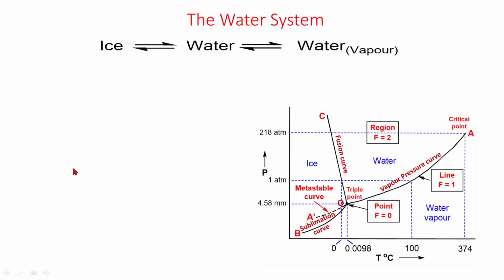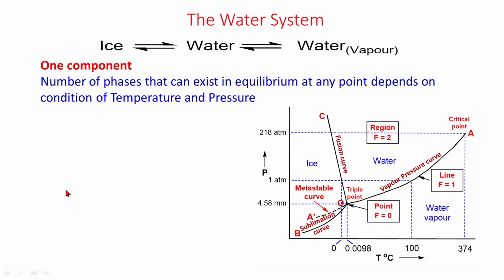The water system, ice in equilibrium with water, in equilibrium with water vapor. This is ice, this is water, and this is water vapor region. For one component, the number of phases that can exist in equilibrium at any point depends on condition of temperature and pressure.